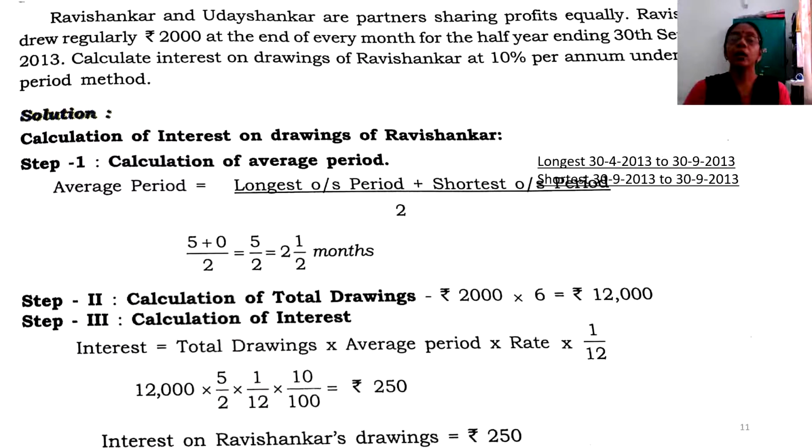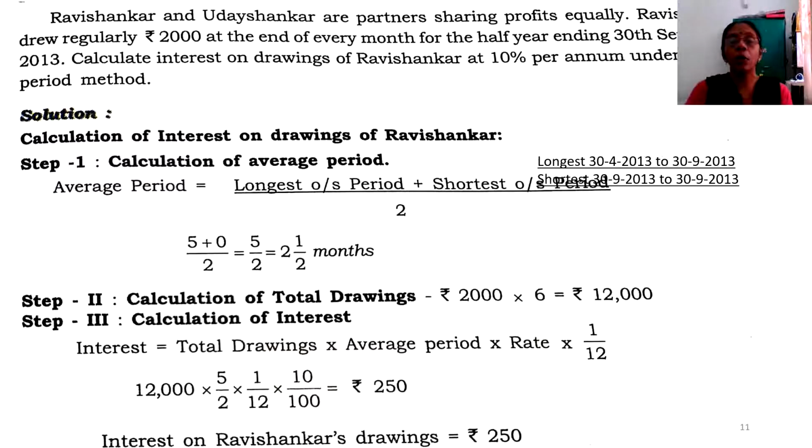We generally compute the interest on drawings under average period method in 3 steps. There are 3 steps that need to be followed. The first step is you may have to calculate the average period. Children, let me emphasize there is no table that is required here.